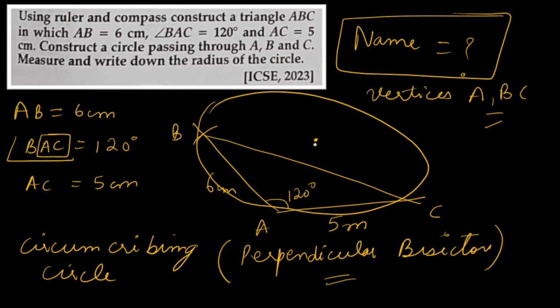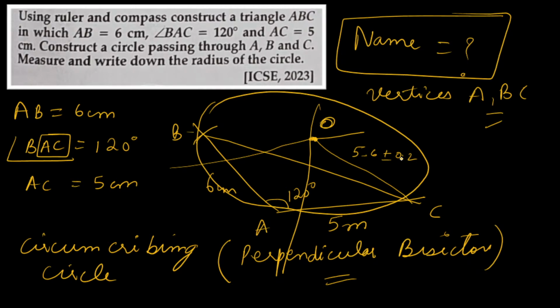So you can name this point as O. You can join this with C or with B or with A, and you can measure the radius. Yes, 5.6 or 5.5. So plus minus 0.2, it's acceptable.